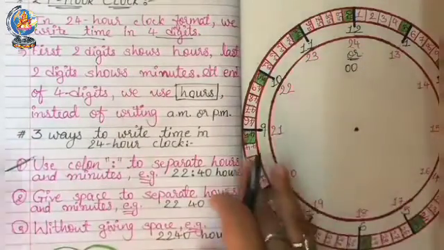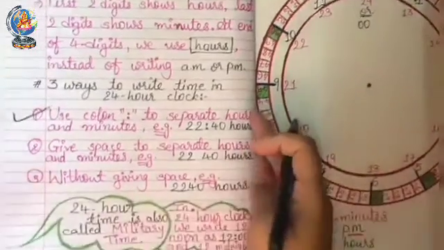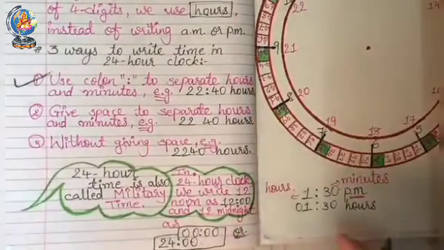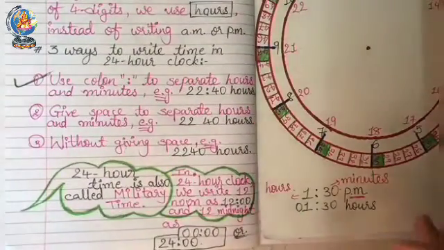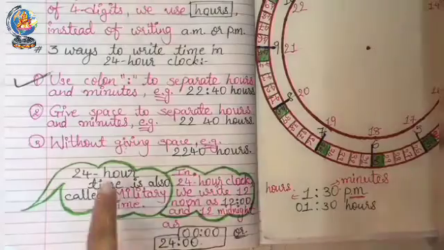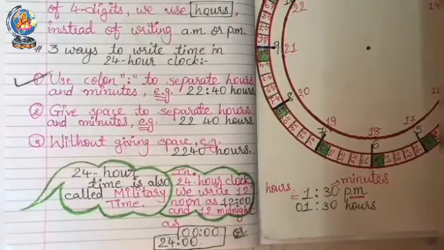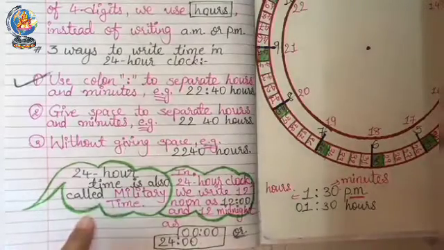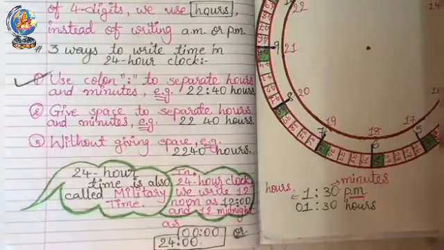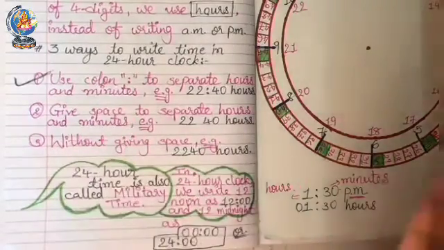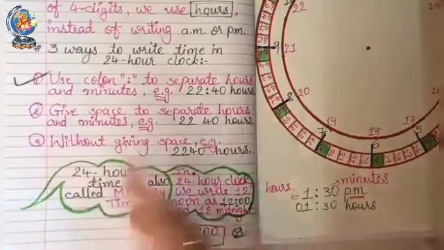Look, I have written something over here in a thinking icon. It's one extra knowledge thing. Let's see that. 24-hour time is also called military time. Now you know this thing, so you can ask anybody else also. It's general knowledge that 24-hour time is also called military time.